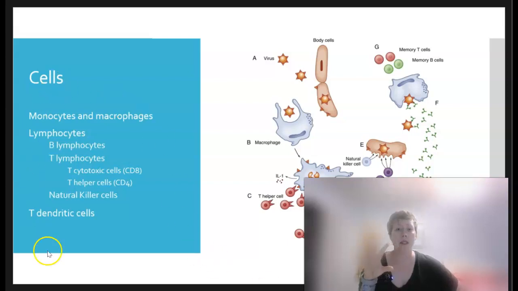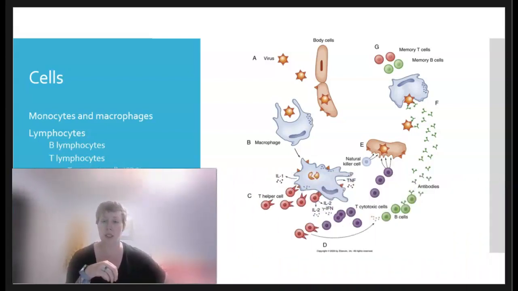Again, this is getting into the weeds a little bit, so I don't want you focusing on memorizing what each of these does, but it is a cool process to see. This is basically an image of what I was saying. The macrophages are eating the virus and processing those antigens to present them to the T helper cells.